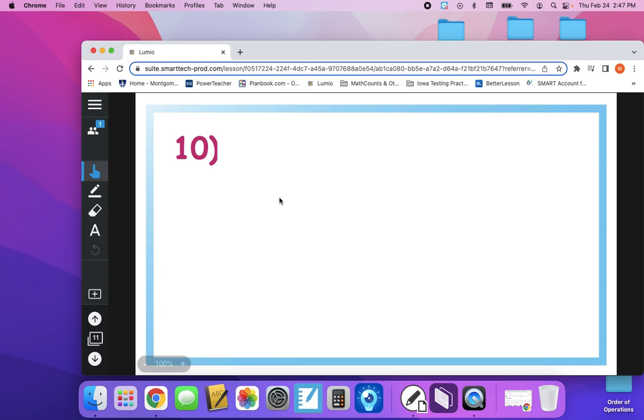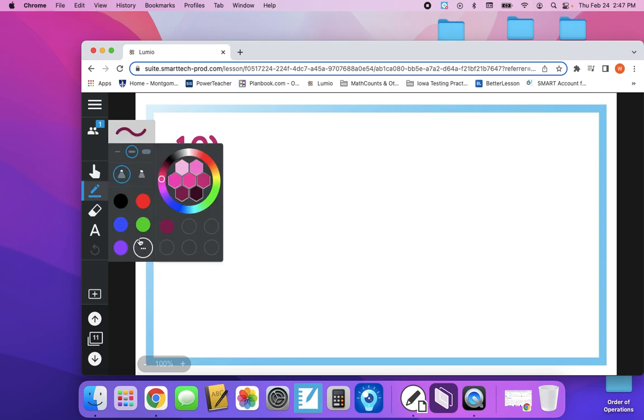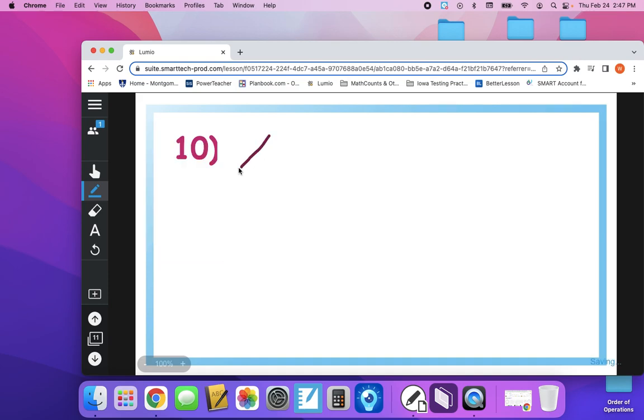Well, it's not going to let me copy and paste it. Okay, well, I guess I'm going to draw it then. It looks really bad.